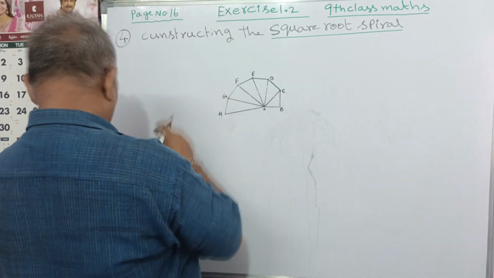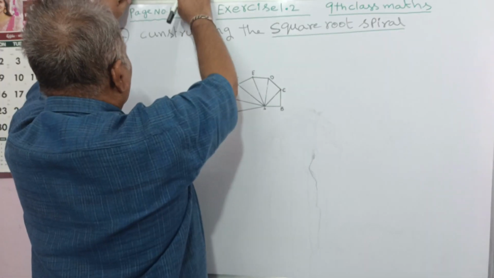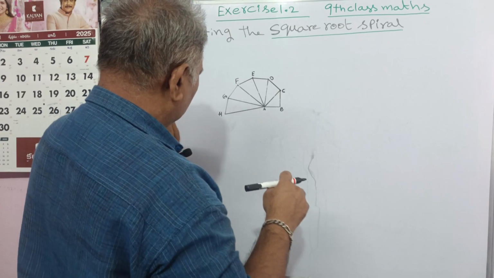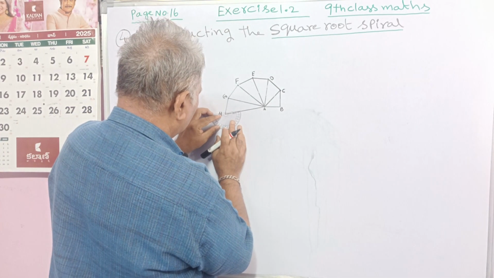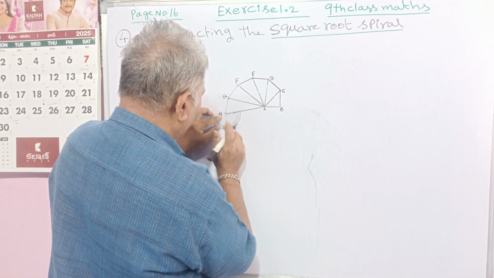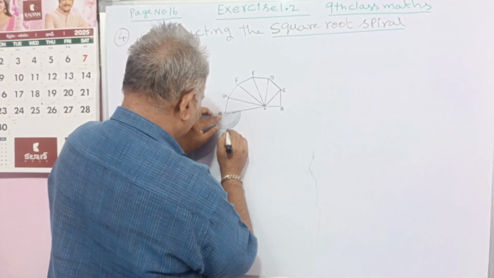Now again we have to draw a perpendicular line to AH.